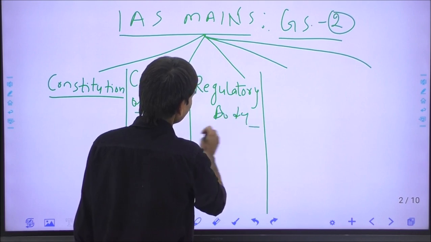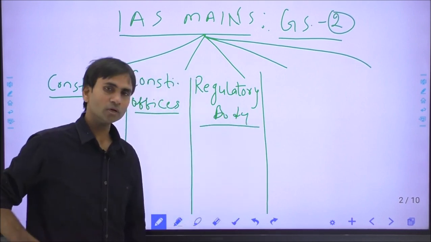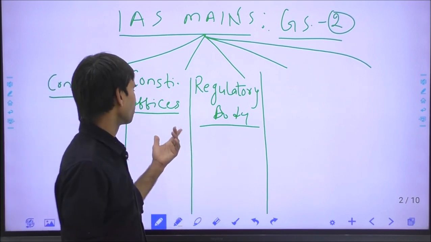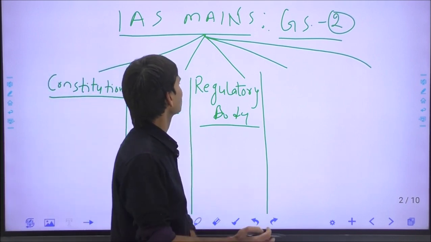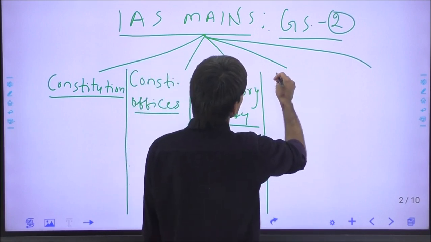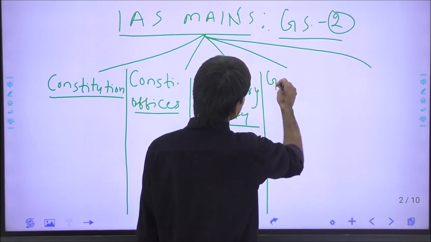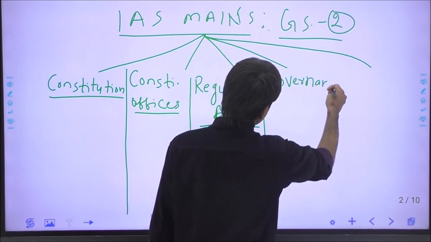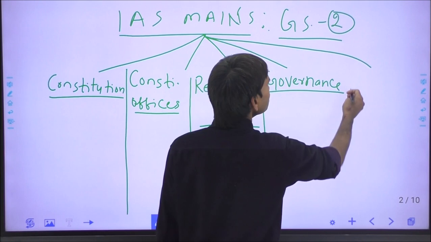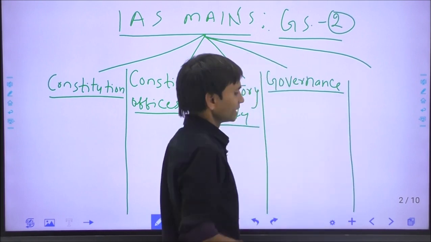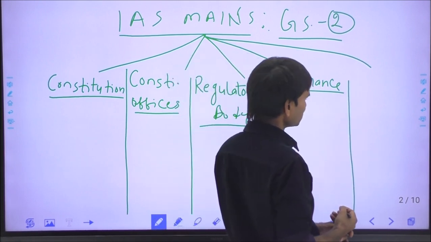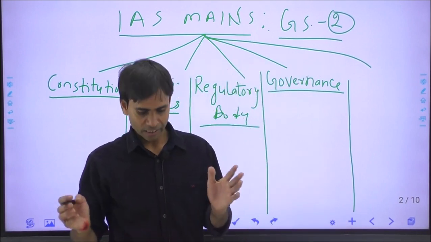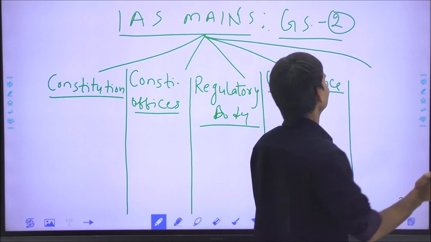Further, we have divided these regulatory bodies into constitutional, non-constitutional, statutory or non-statutory bodies, and next are the issues regarding governance. And the last part is India's foreign relationship. This includes mainly the 4 lines which have been mentioned by UPSC.